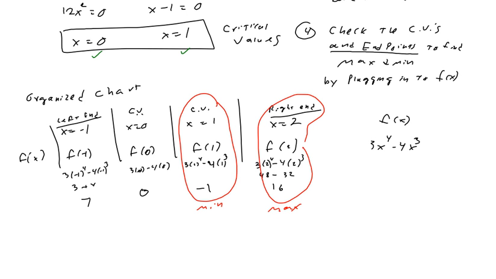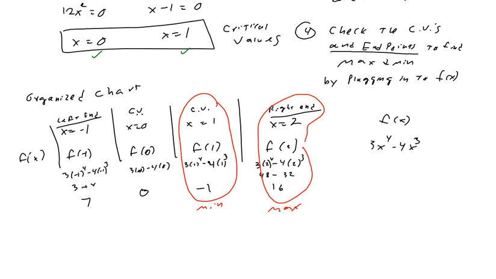Any questions about this situation? Will they always be in that order, the maximum? I don't know what you mean by order. I mean, we found this one was the max, and it happened to be this one's the minimum.